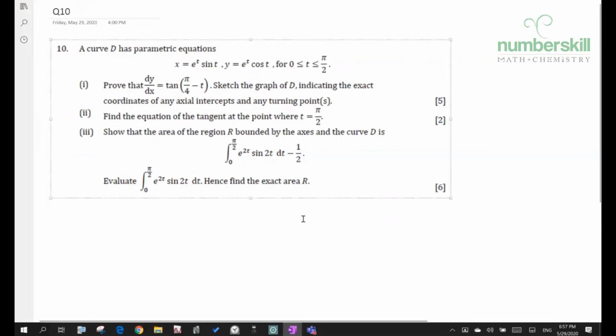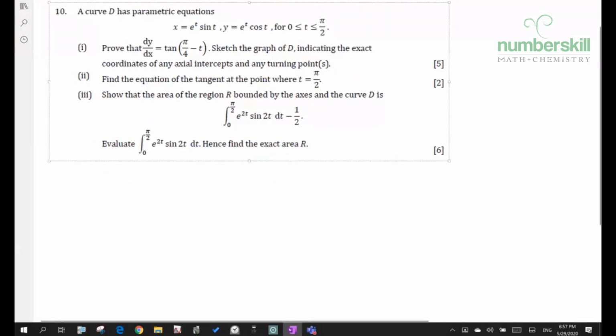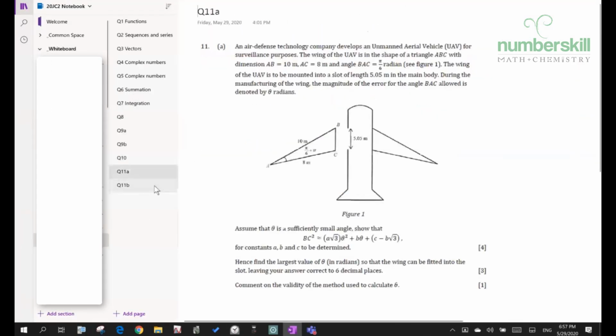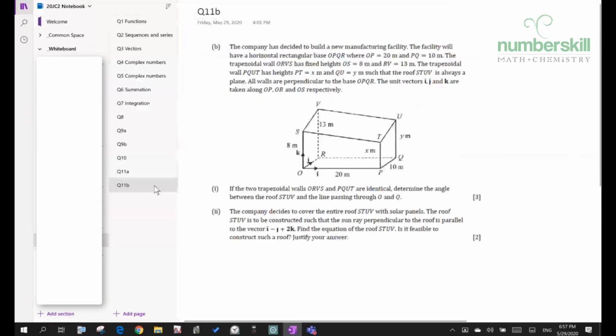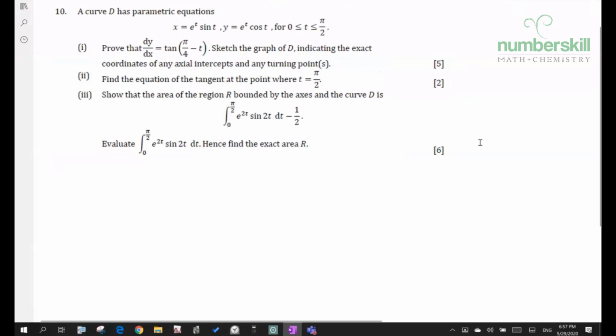So that one I'll probably do last, if we still have the energy to go on. I want to take a look at 10. 10 is not easy, far from it. 11 is easy. 11B is also quite easy. So 10 is actually the hardest amongst the remaining questions. So let's take a look at 10.